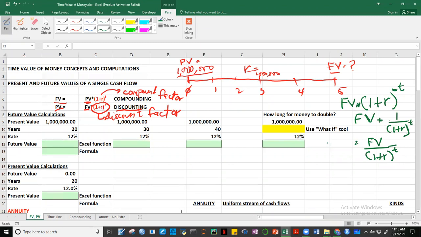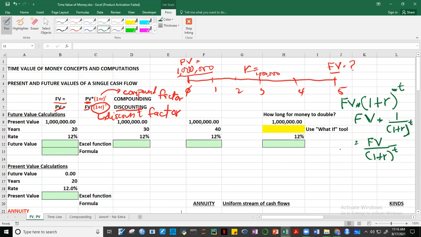So in that case, guys, the present value is equal to the future value. What's that telling us? That the present value of 1 million and the future value at time 0 are the same. Of course, because the present value at time 0 will be the same as the future value at time 0, since no number of years has passed for compounding or discounting. It's the same time still.